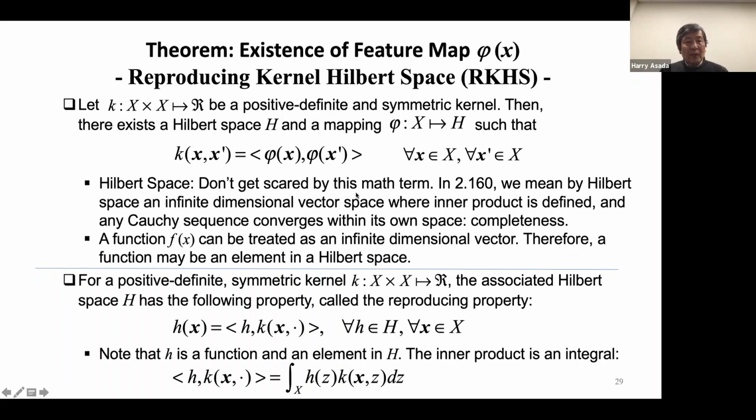So the function f(x) can be treated as an infinite dimensional vector. Phi(x) or f(x), or whatever the situation we're dealing with, this phi is putting this into infinite space.